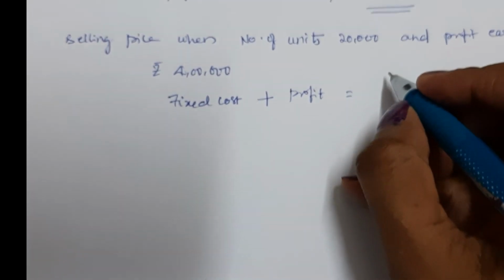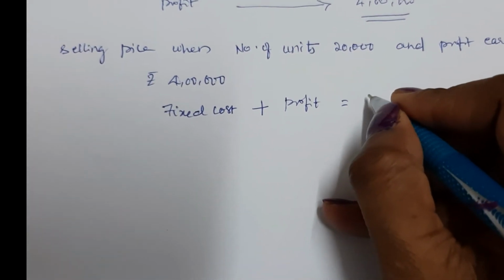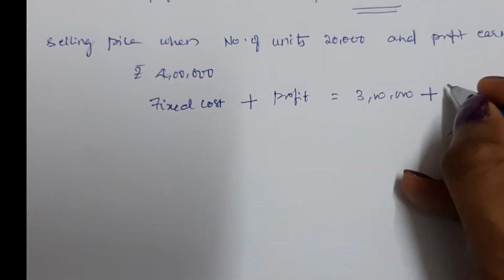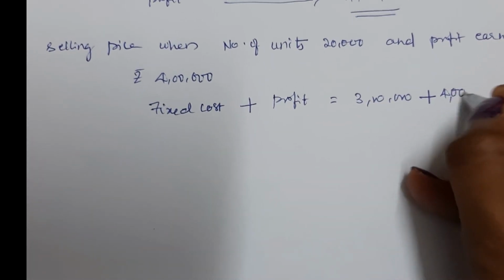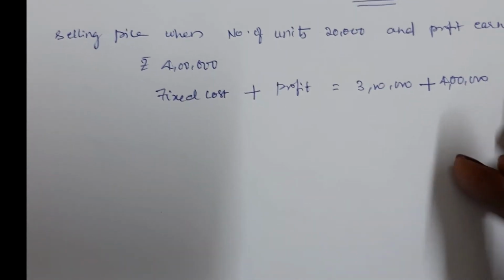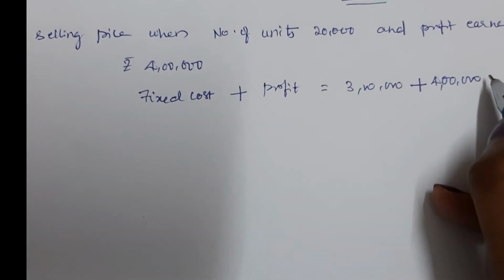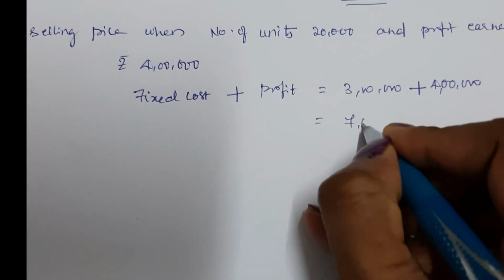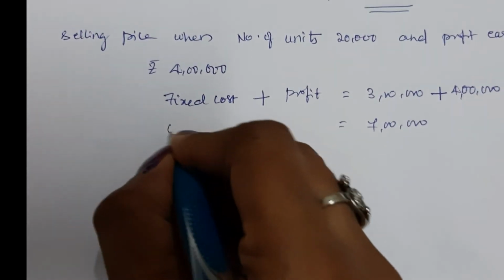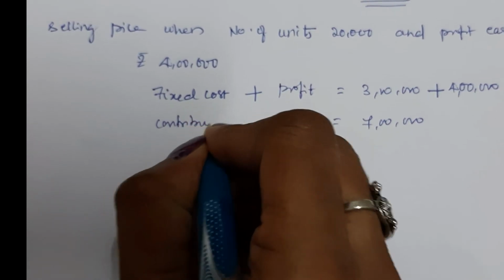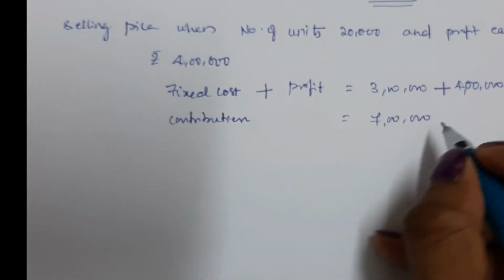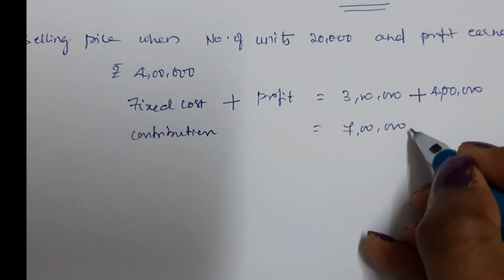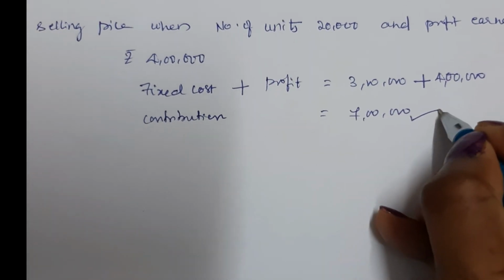So the target is going to be, the fixed cost is 3 lakhs plus estimated profit to be earned from the selling of 20,000 units is 4 lakhs. So 7 lakhs. So this has to be the contribution which we want to generate from the selling of 20,000 units.